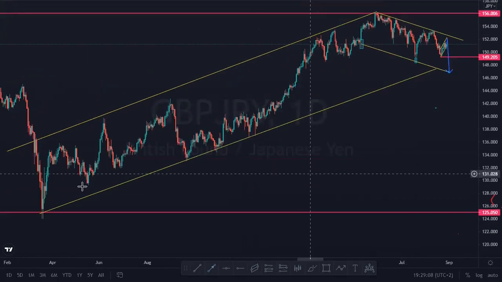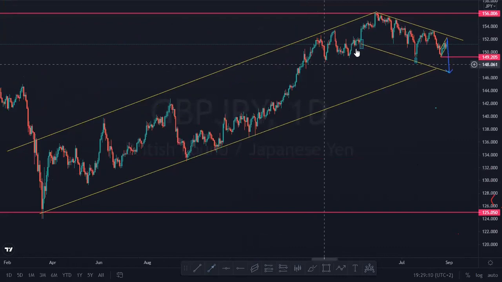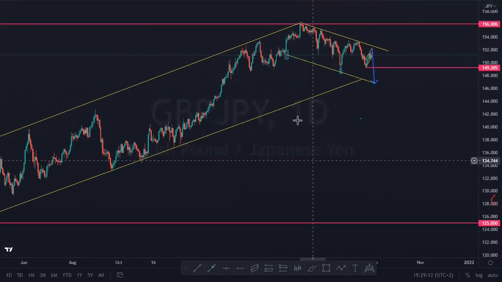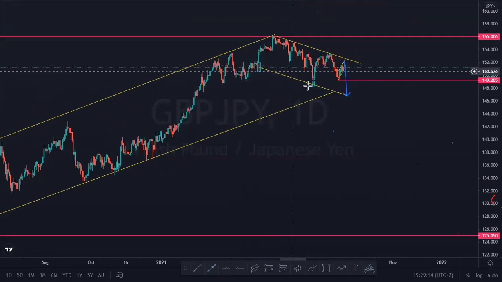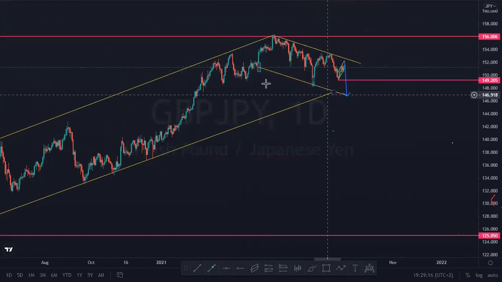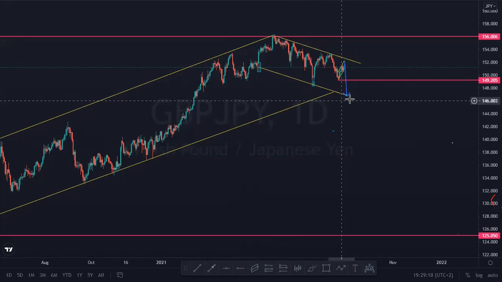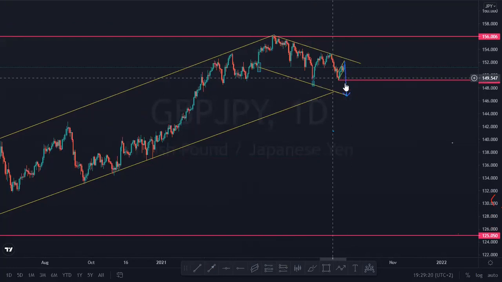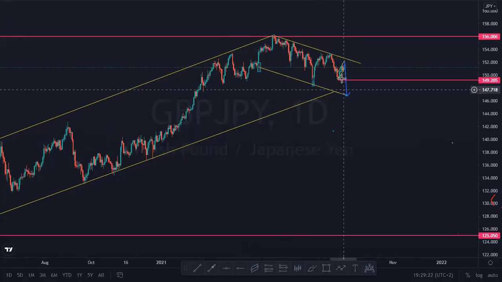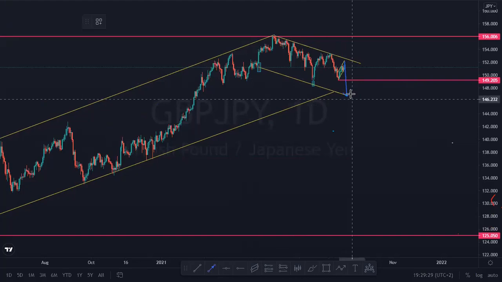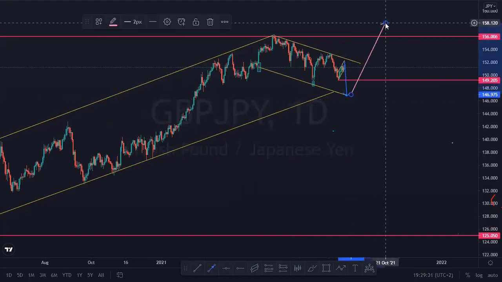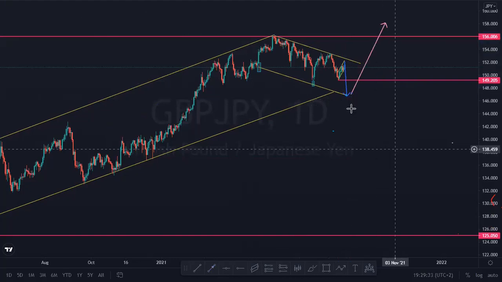This is the same structure, correcting up, pushing up, and here I can see it's forming a descending channel, pushing down here. I see it pushing down to this level, and from here it can push up.